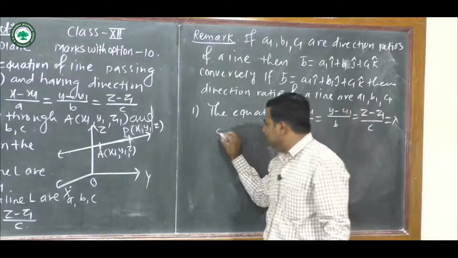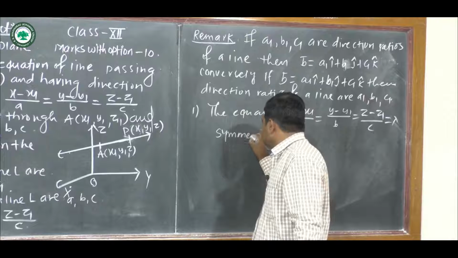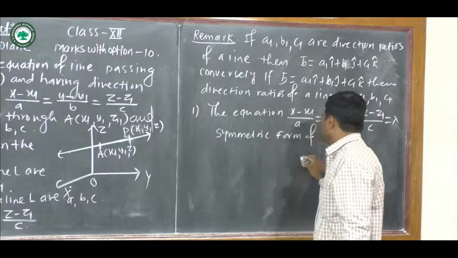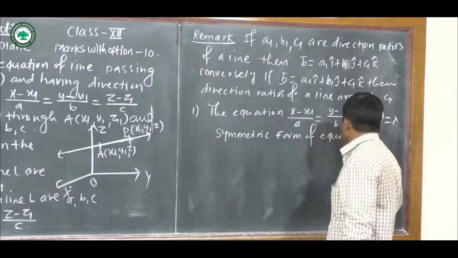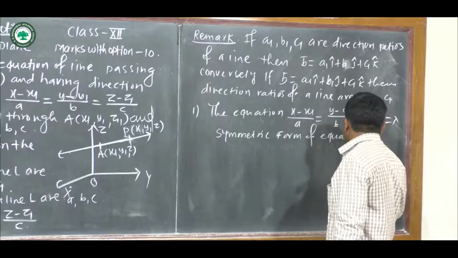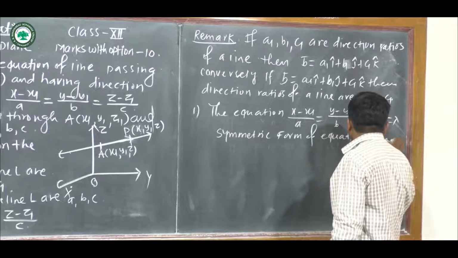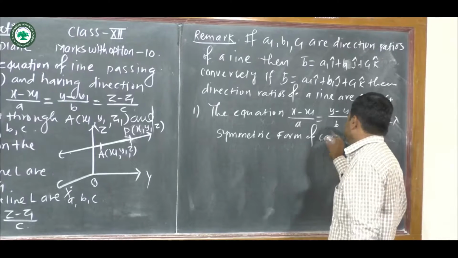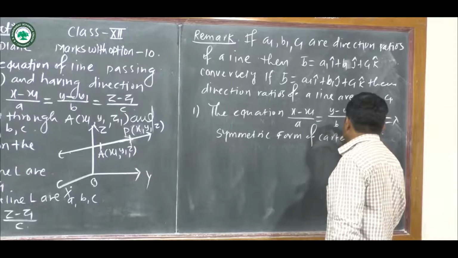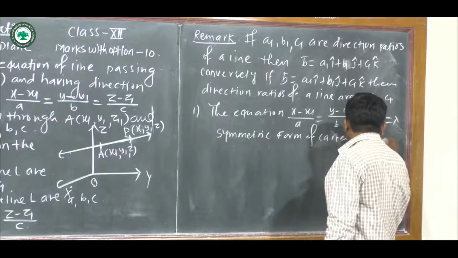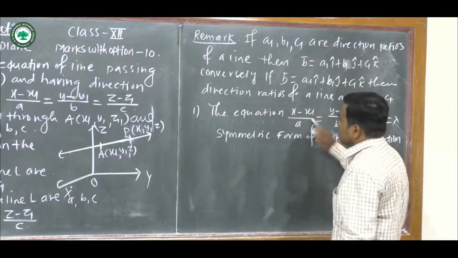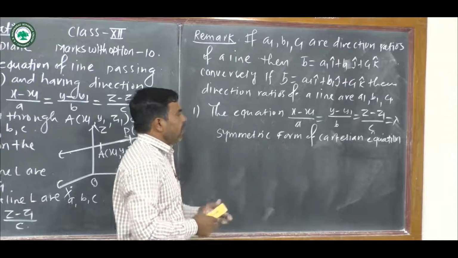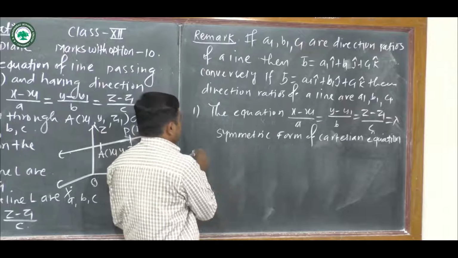This is called symmetric form of equation of a line, or symmetric form of Cartesian equation. This equation of a line is called the symmetric form of Cartesian equation of line.